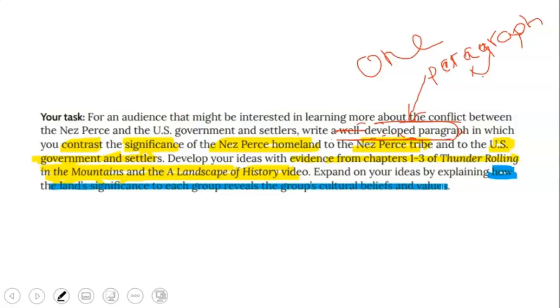Because really, if you think about it, and I probably should have said this earlier, why can't we get our evidence from chapters 1 through 3 of Thunder Rolling in the Mountains for the U.S. government and settlers? Think about that for a second. If you really think about it, we're reading a book from the point of view or perspective of a Nez Perce girl, right?